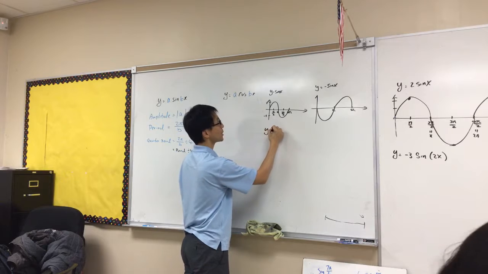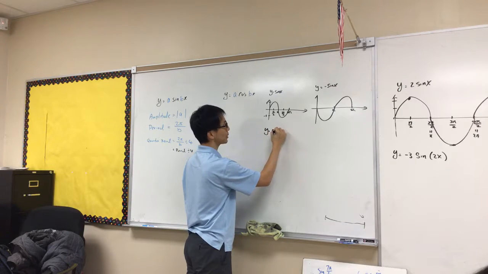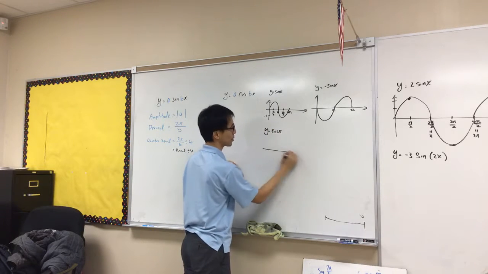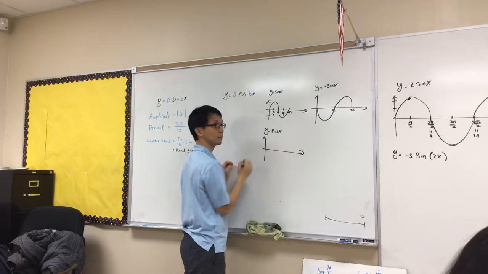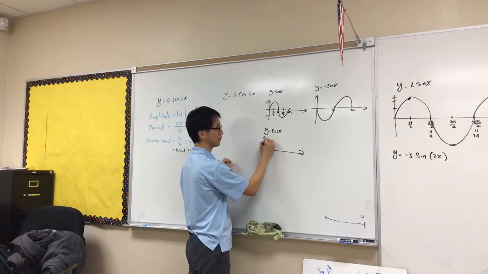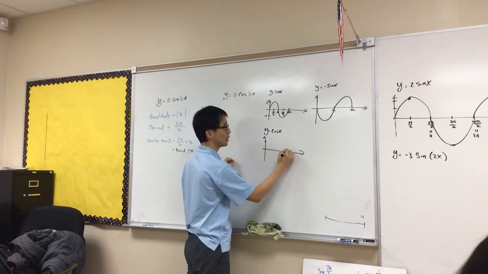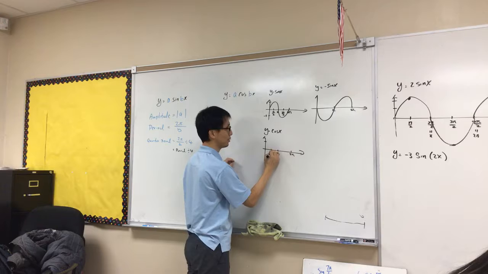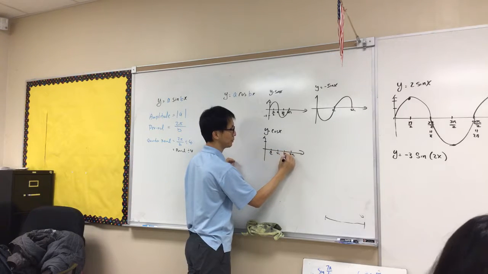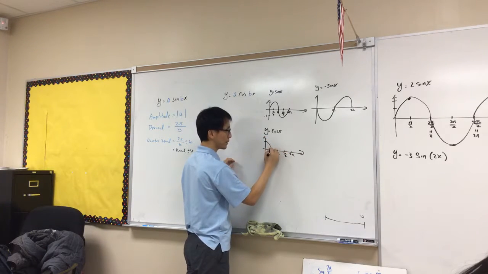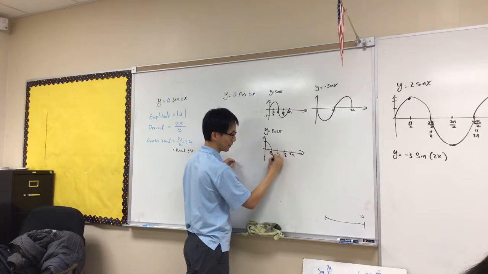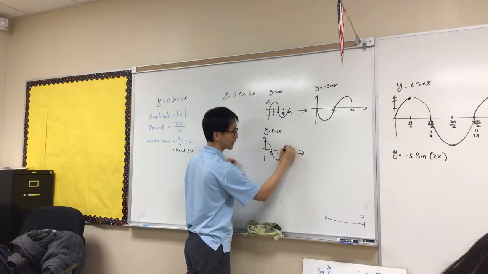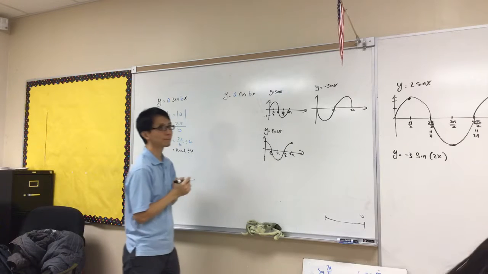y equals cosine of x. What does cosine of x do? You guys already graphed it yesterday. What does the graph do? It starts at 1, because cosine of 0 is 1, and 2 pi is where it finishes, so pi, and here's pi over 2, and here's 3 pi over 2. So this one's going to be like this, -1, like this, like this.